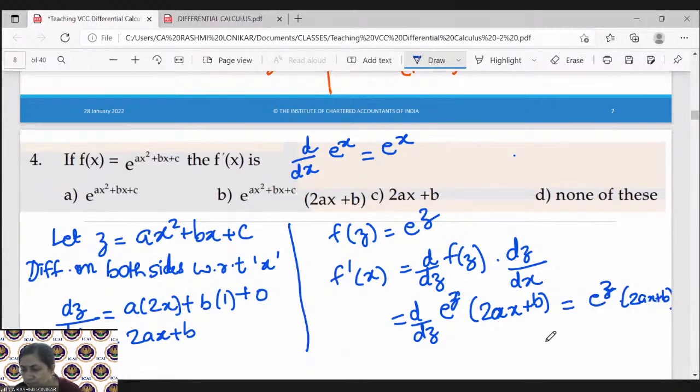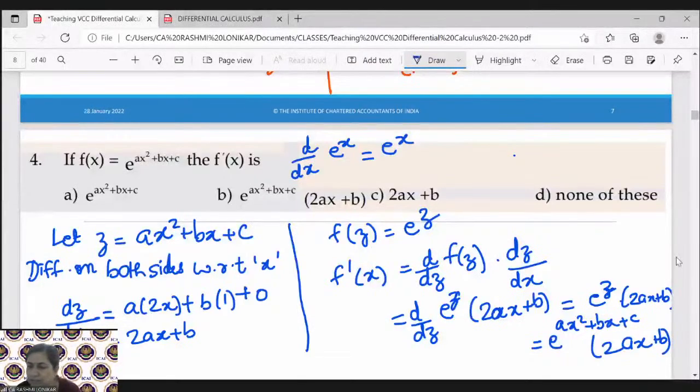Now e raised to z is how much? Instead of z, I'm going to write ax square plus bx plus c. So here I have e raised to ax square plus bx plus c into 2ax plus b.